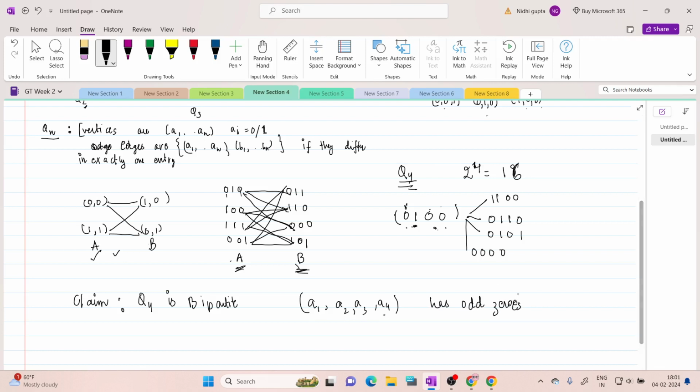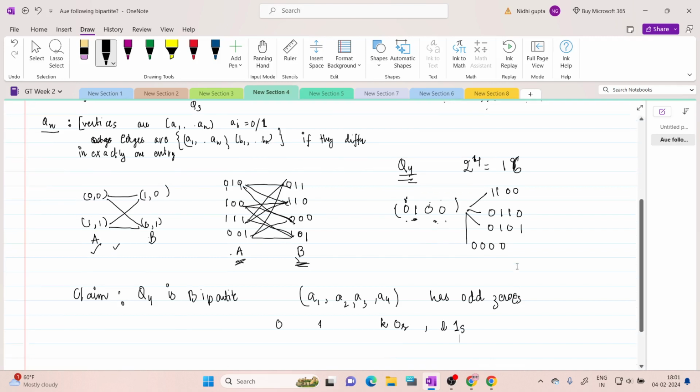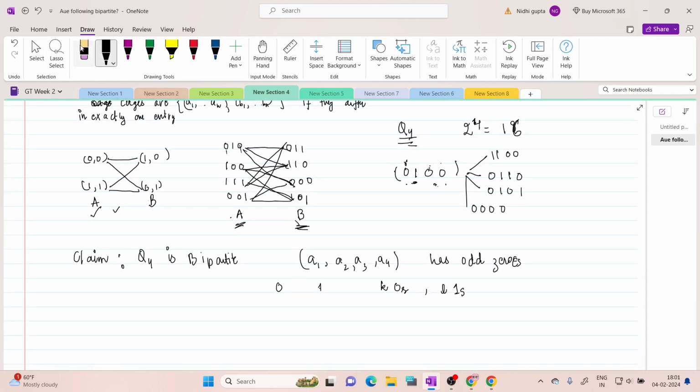So if A1, A2, A3, A4 have odd zeros and we are changing one entry, either we are making some 0 a 1. Suppose it has k zeros and l ones, and we are only allowed to change one entry.